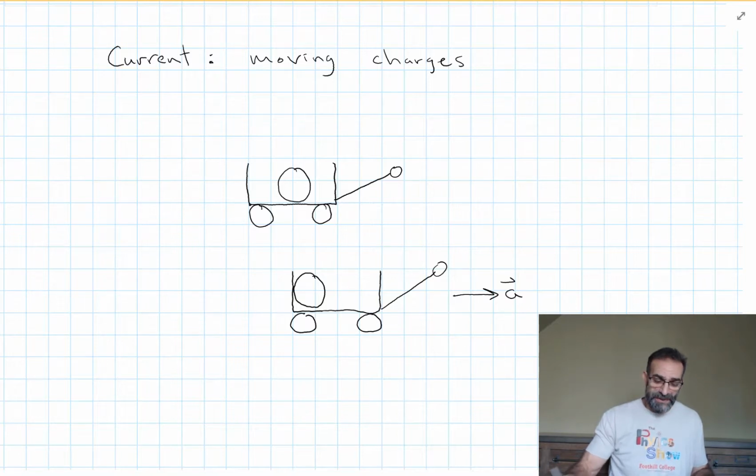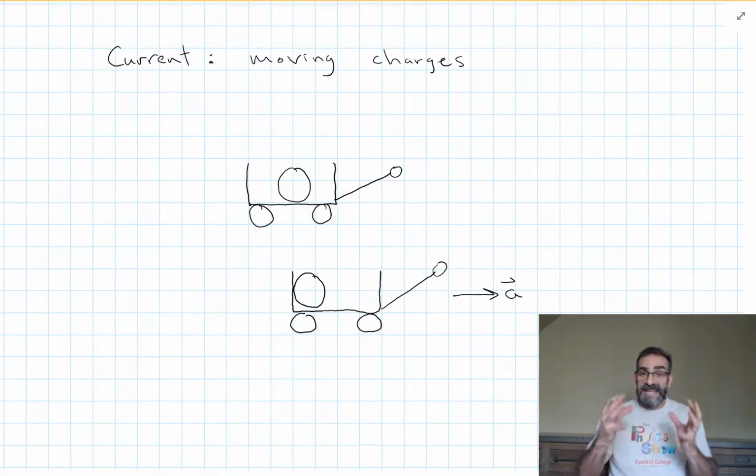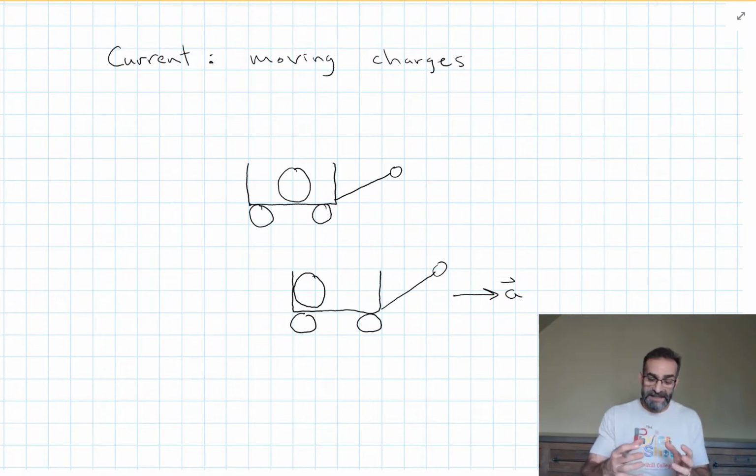And if you pulled on that wagon and it got it to accelerate to the right, the ball would lag behind because the ball is made out of mass and it has some inertia, and it lags behind a little bit and ends up at the back of the wagon. The same thing happens with electrons. They are particles with mass.